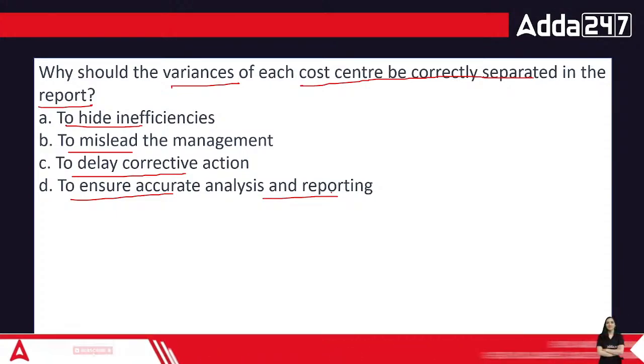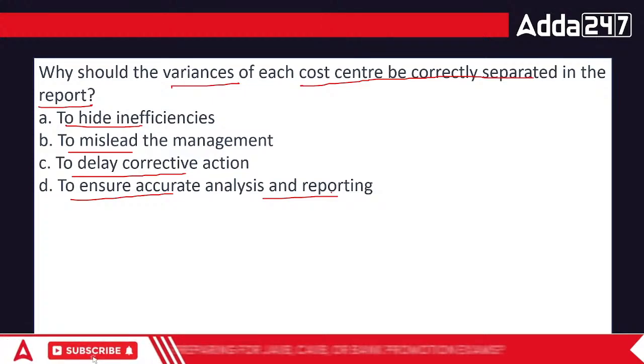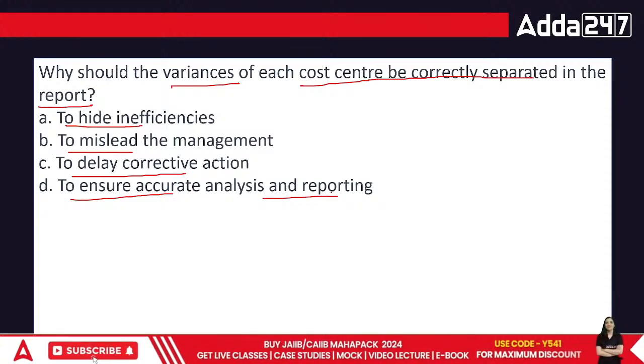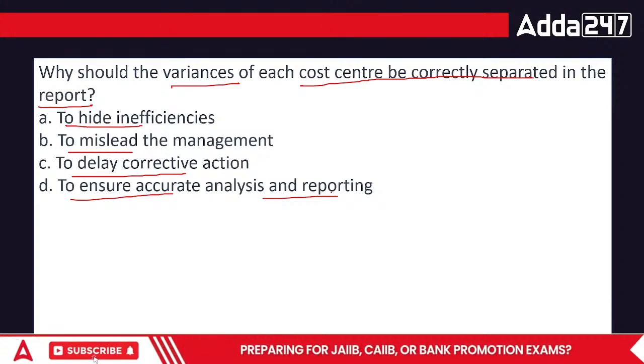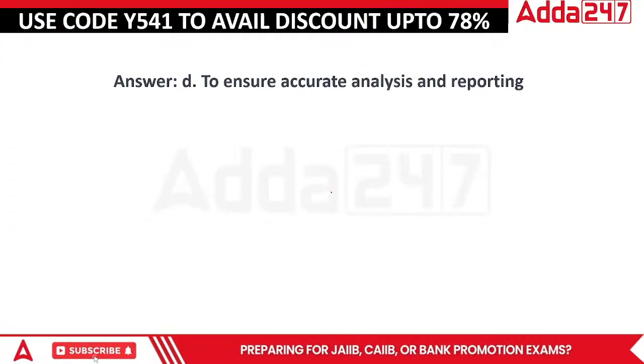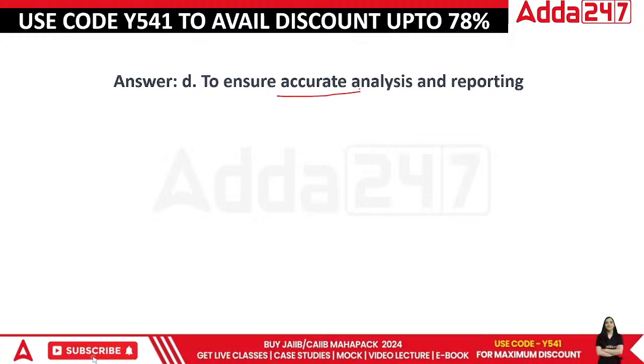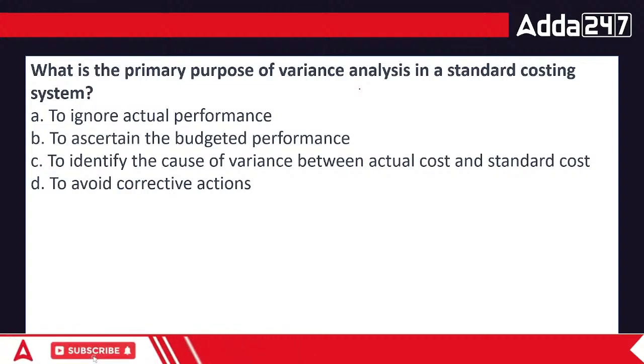Variances of each cost center should be correctly separated in the report. It has to be specified so that there can be proper reporting. We have to highlight the things. Till the time we ensure that things are highlighted properly, how will we find things?